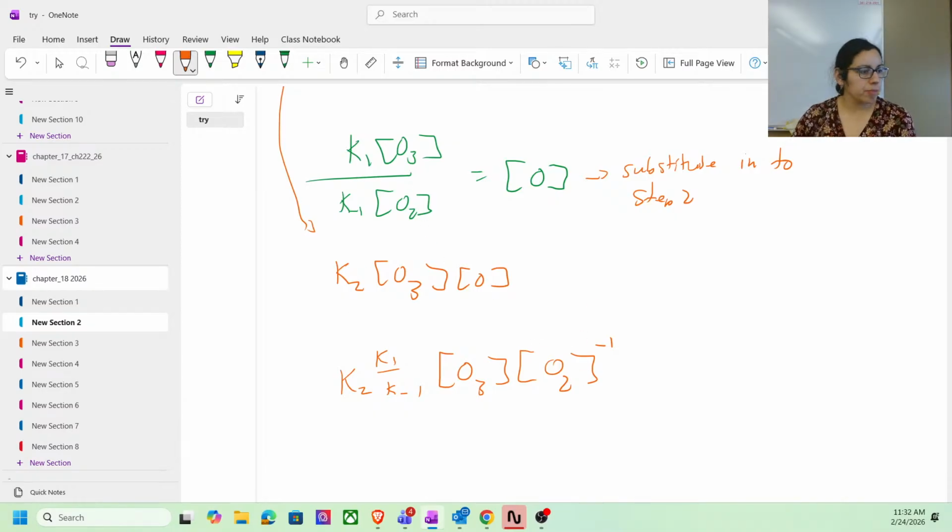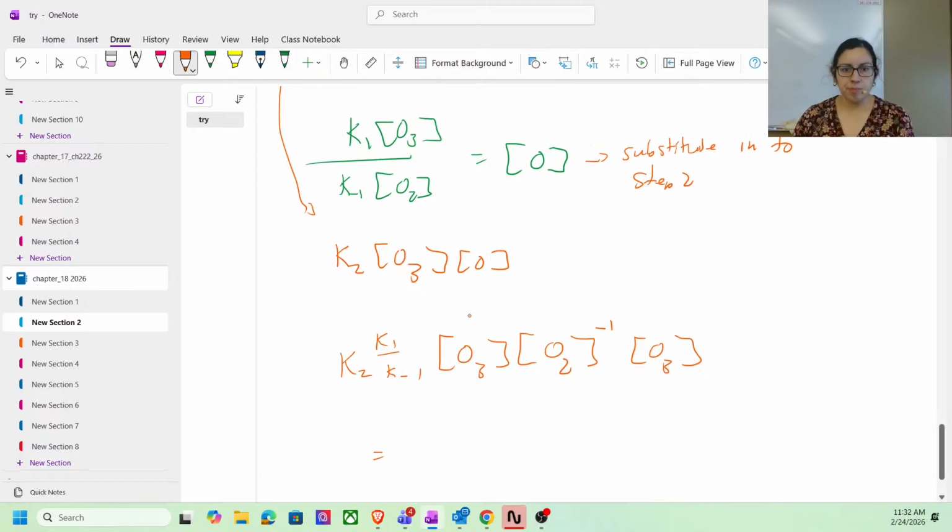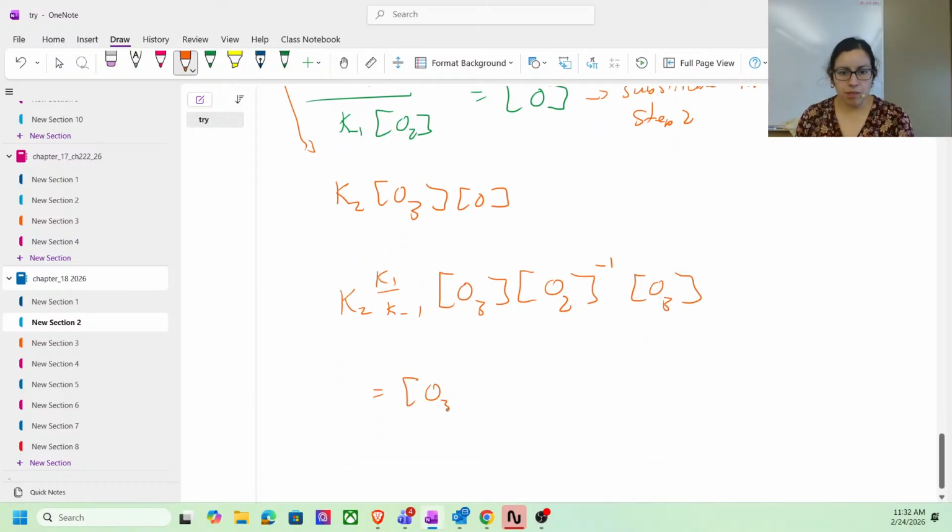Same thing. And so now substituted. Oh, sorry, I skipped my ozone. And so now rewriting it, it looks like that gives us ozone squared times O2 to the negative 1.